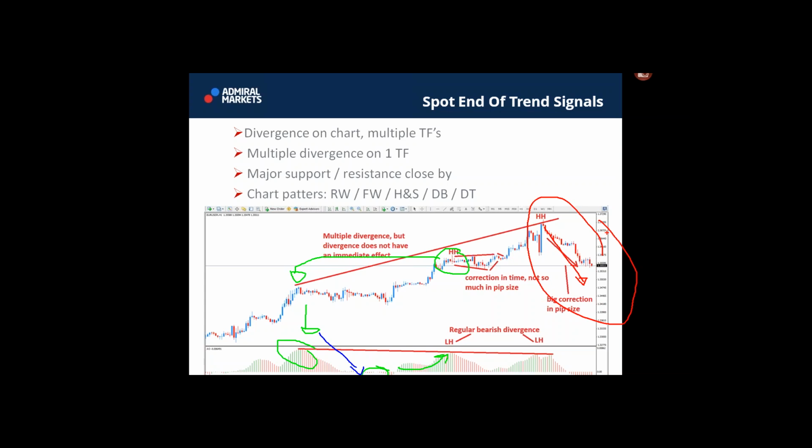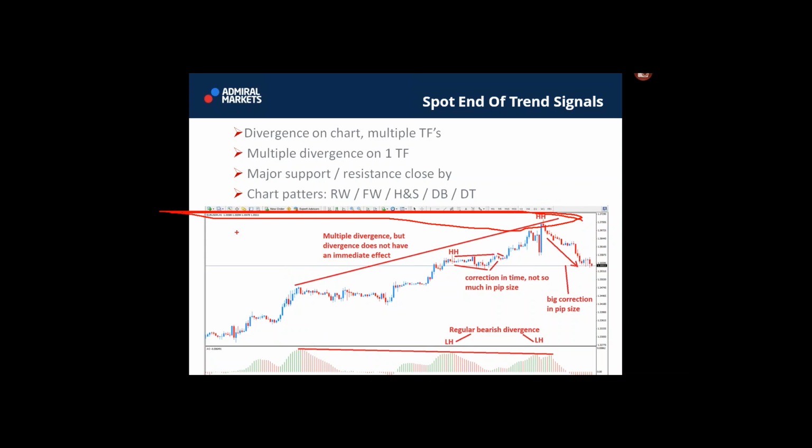Other things that could help with identifying that is major support or resistance. Obviously, if price has divergence, if price is reaching a massive daily top or bottom, or weekly top or bottom, which is support or resistance, then that is another supporting factor. You got, let's say, a key fib level here, massive resistance.